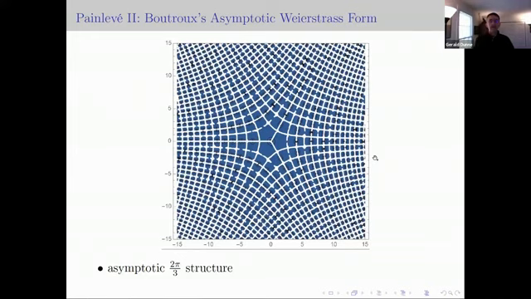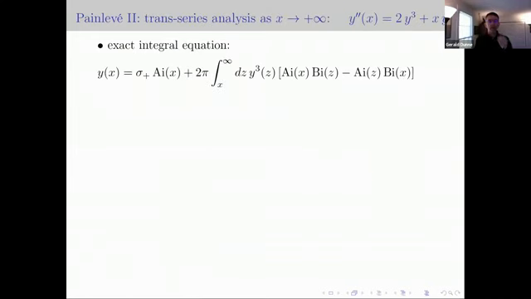Okay, so let's go back onto the real axis for a moment, and let's treat separately the positive x direction and the negative x direction and try and build systematically the trans-series type structure along the real axis first.